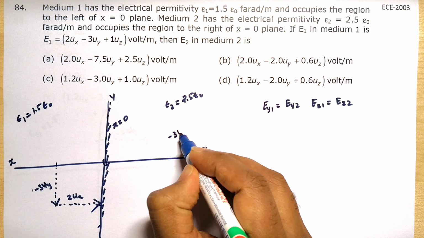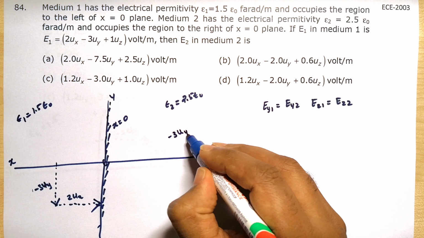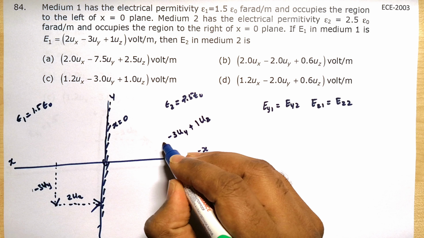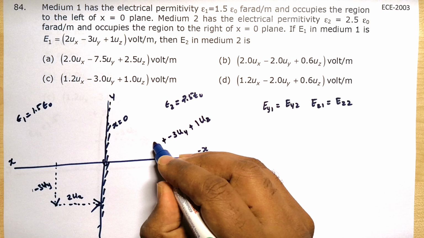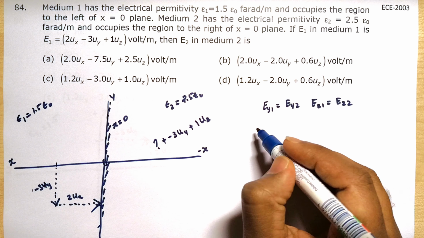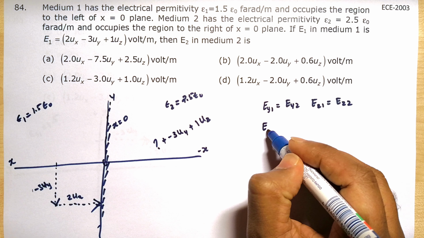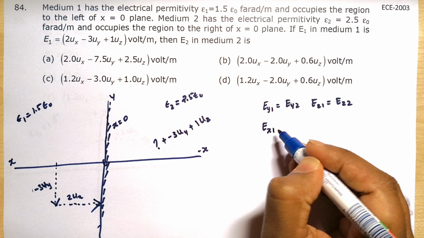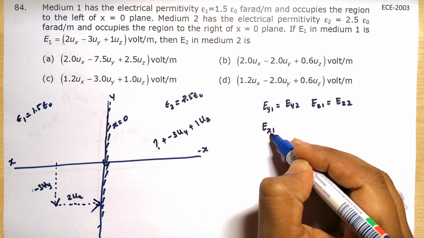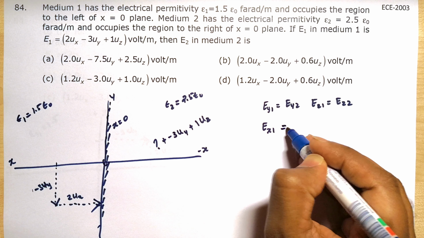So it's minus 3 uy plus 1 uz, and we have to find the x direction component. Ex1, which is given in the question, is the electric field in the x direction in medium 1, given as 2 ux.